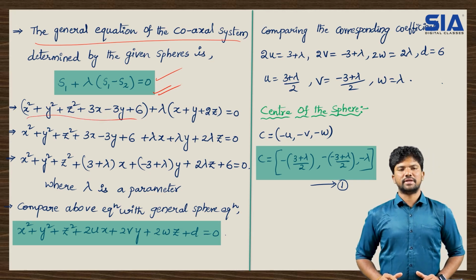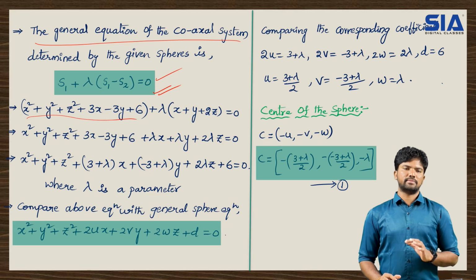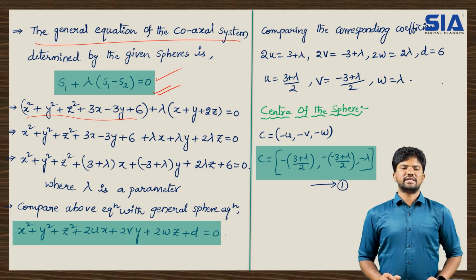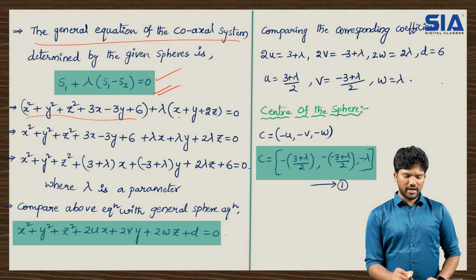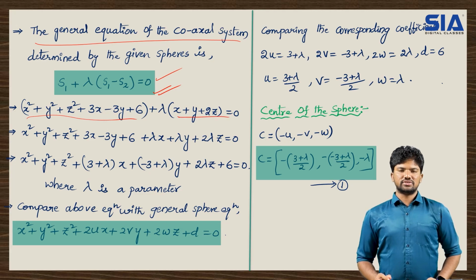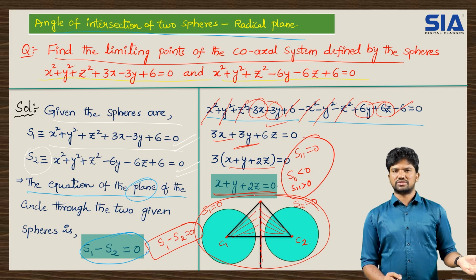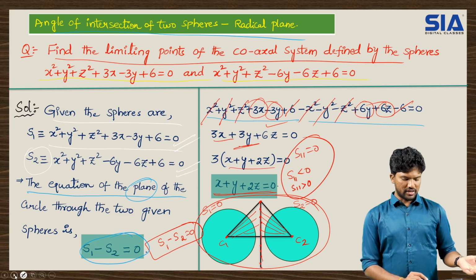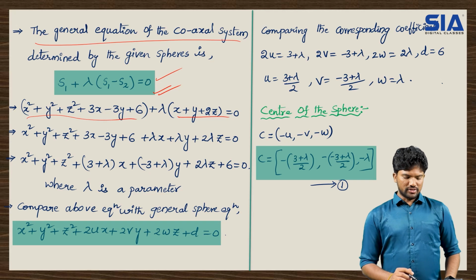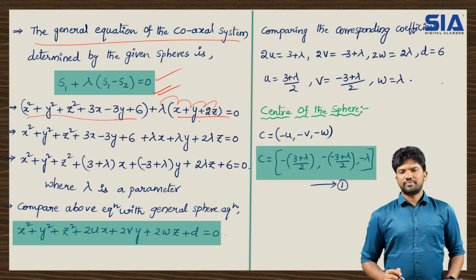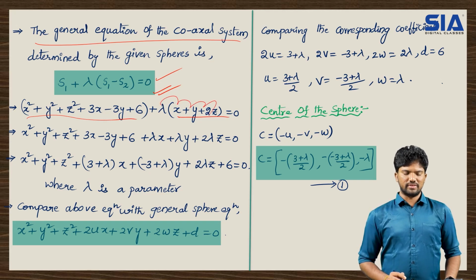Write the first sphere S1: x square plus y square plus z square plus 3x minus 3y plus 6, plus lambda into S1 minus S2, which we have from the previous step as x plus y plus 2z. Substitute that value here and multiply with lambda.